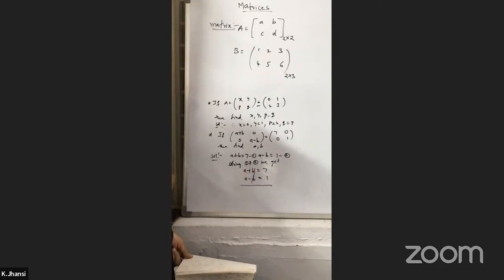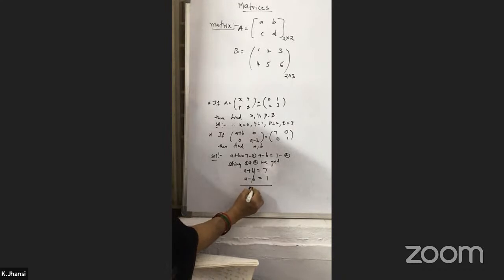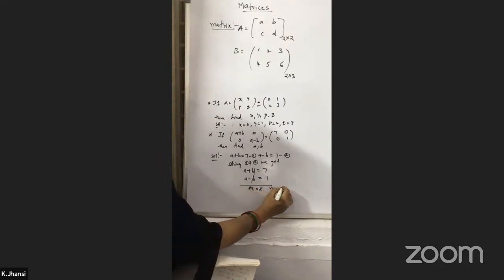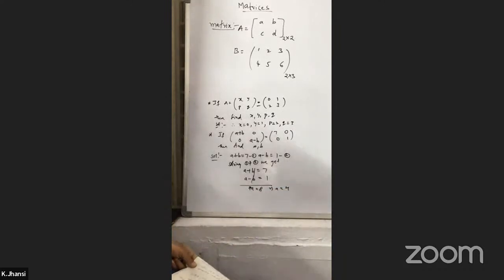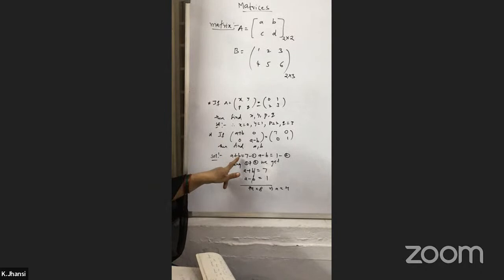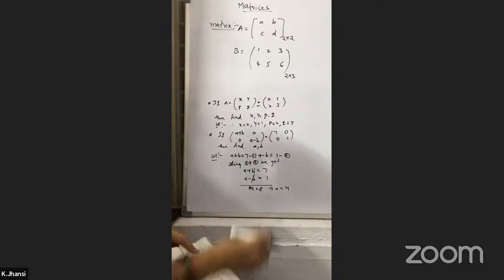If you cancel these two, what remains? Plus B and minus B are both cancelled. So A plus A is 2A. 2A equals 7 plus 1, which is 8. This implies A equals 8 by 2, so you will get the value 4. So A we got is 4. If you substitute here, you will get B value as 3: 4 plus B equals 7, B equals 7 minus 4.